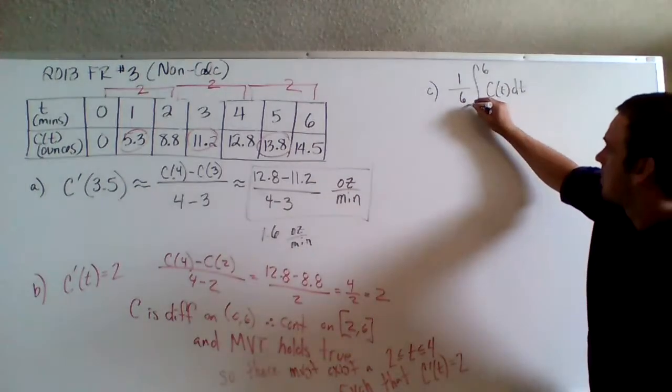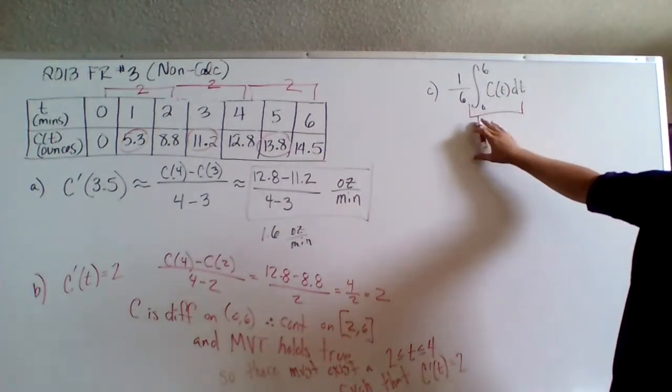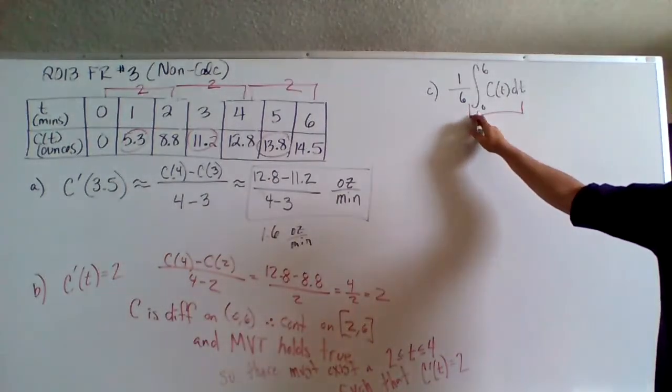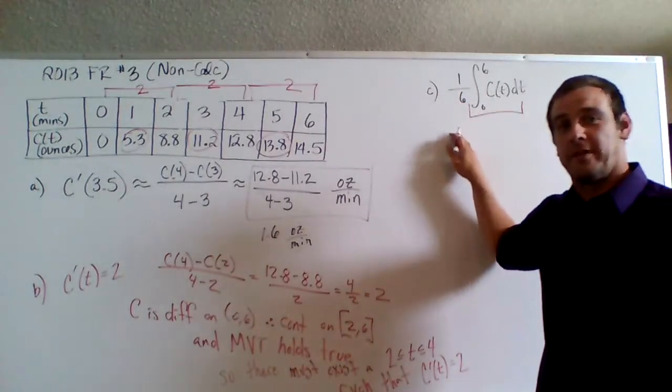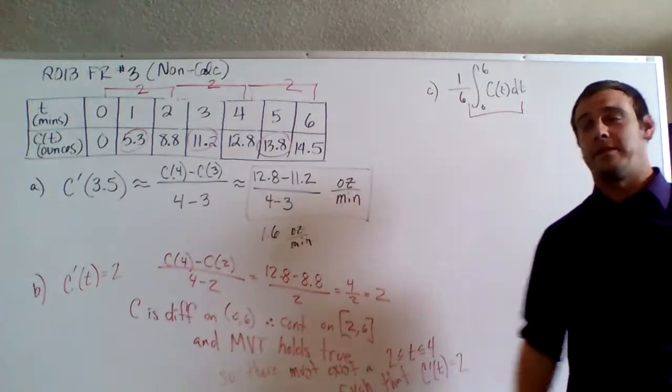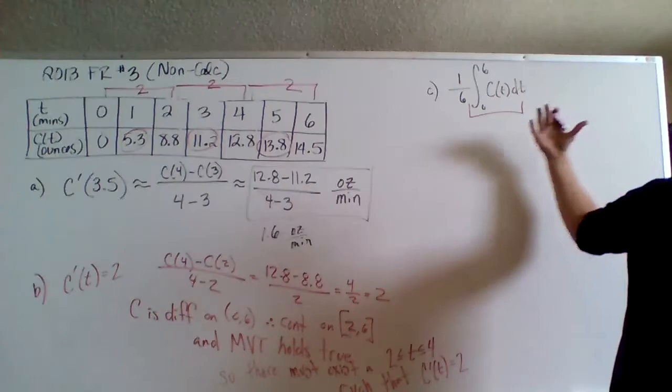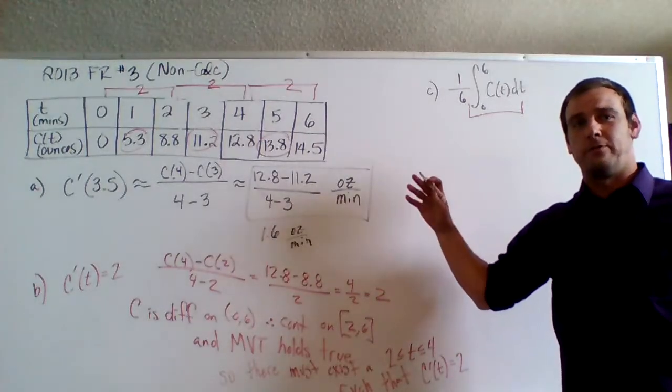And guys, make sure you understand that what we're doing with our midpoint sum is approximating the integral from 0 to 6 of c of t dt. Okay, because I had somebody on your homework that said they were integrating the rectangles. Don't do that.